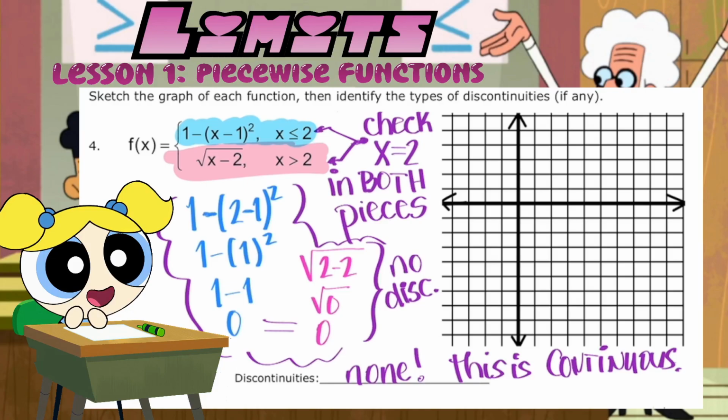Now, could you do this with the support of a graph? Of course. This blue one, you might want to reconsider what it looks like. Maybe think of it more as negative in front, like that: negative quantity x minus 1 squared plus 1. That might be more beneficial.